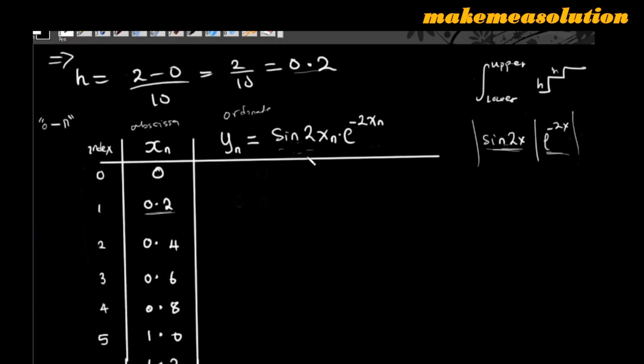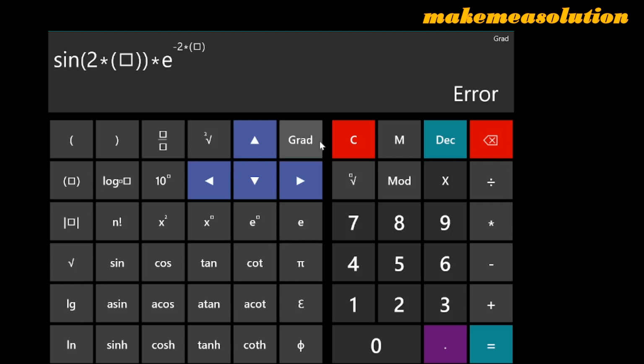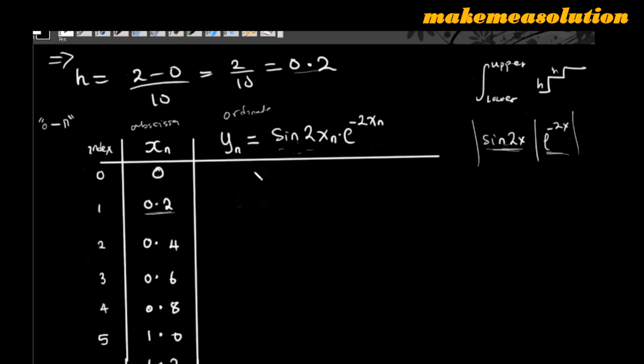You don't want to be doing a calculation with sinusoidal functions mixed with exponentials in degree mode. Please take note of that. Everything should be in radians. So when we plug in 0, we easily get 0 as the first case.